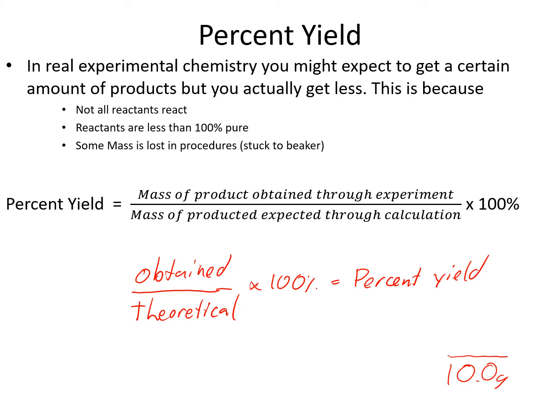You might not have had the best reactants. Maybe some stuck to your beaker and you lost a few different things here and there, and you were only able to get 8.5 grams of actual product. So your percent yield would be 8.5 divided by 10 times 100. You would have what we call an 85% yield.